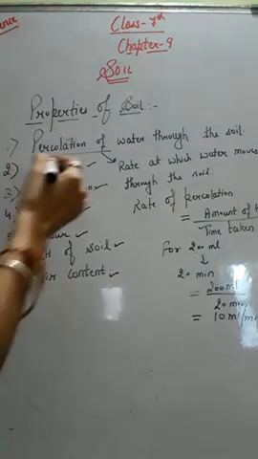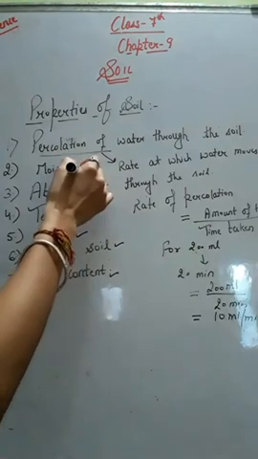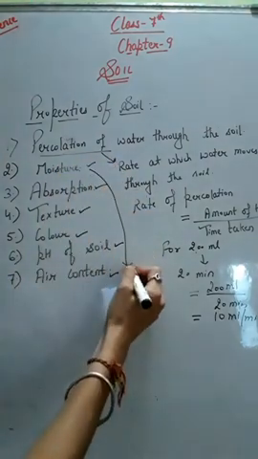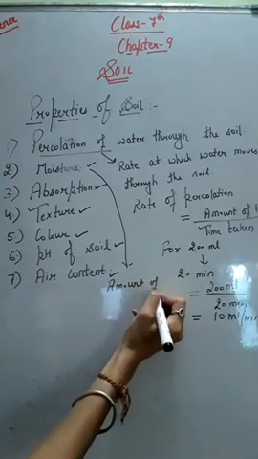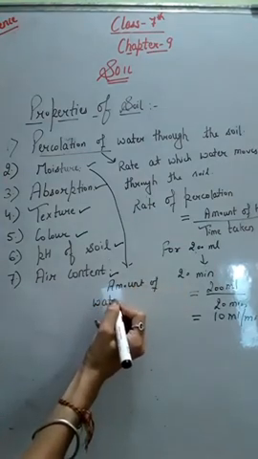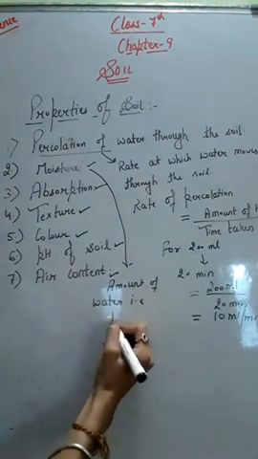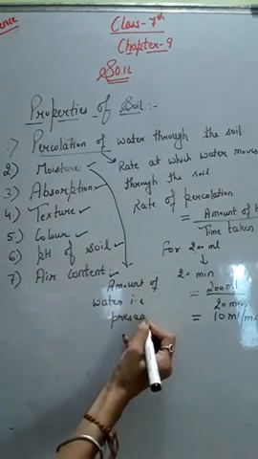Now, the second property of soil is moisture. Moisture means the amount of water that is present in the soil.